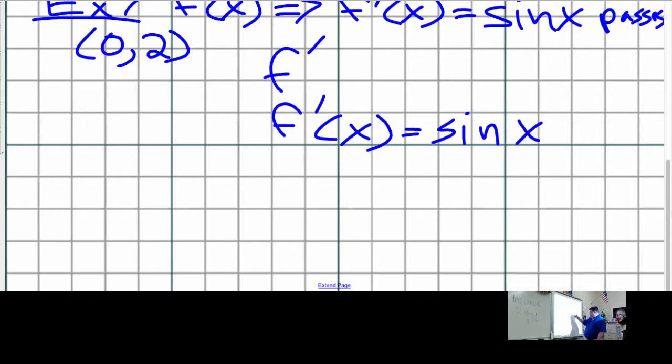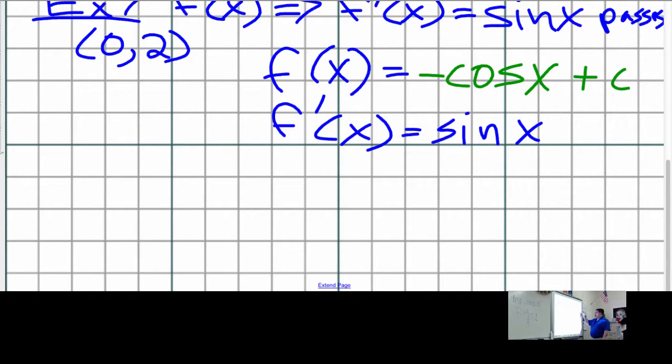Now this is an easy one for us. What function would have a derivative of sine of x? Cosine. Well, what's the derivative of cosine though? Negative sine. So what should be up here? Negative cosine. So it should be negative cosine, but there's one other thing I've got to tack on, and that's the plus c. Does that make sense? Yes.